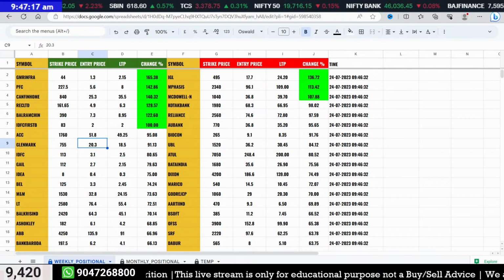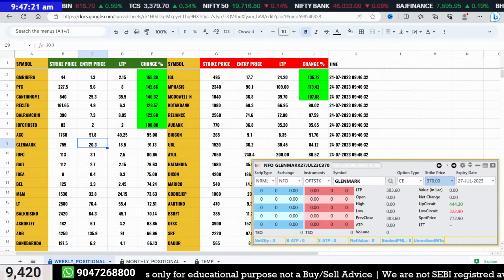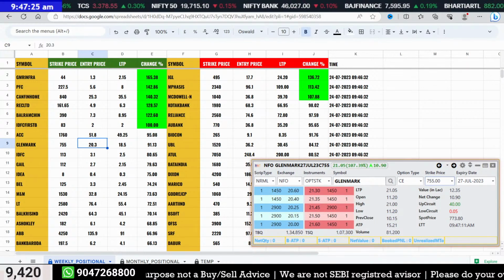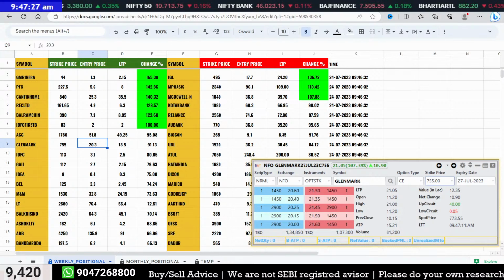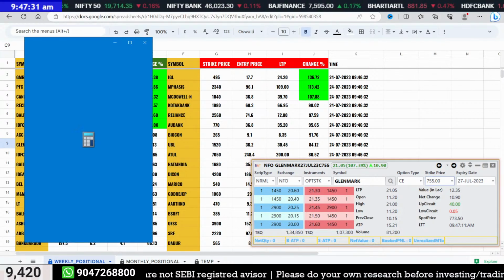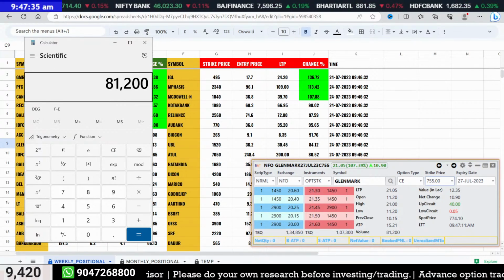Look at this Glenmark, as you see. Glenmark call option 755. What is the last size? 1450 and 14892.